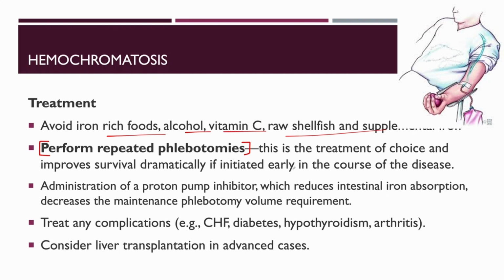So it's interesting, right, that we still use that treatment and it works well for this. We also give patients PPIs, which help reduce iron absorption in the gut, and we treat any complications that come of it. The only thing that can cure it is a liver transplant in advanced cases.